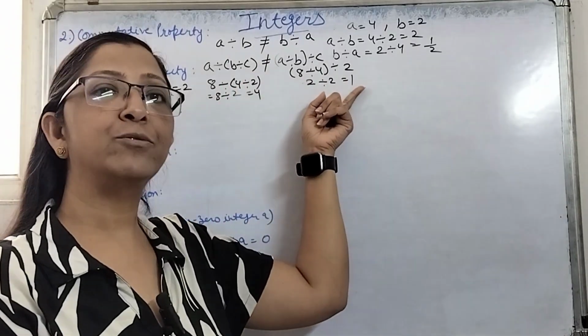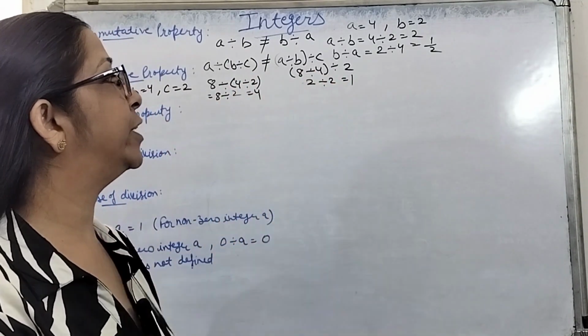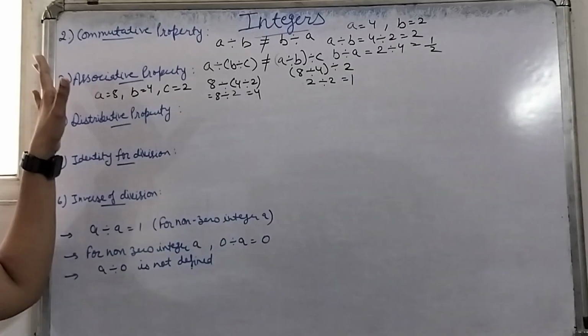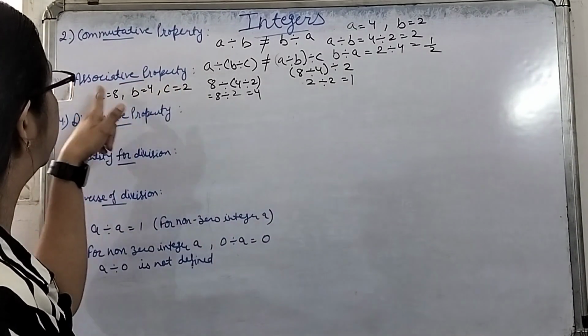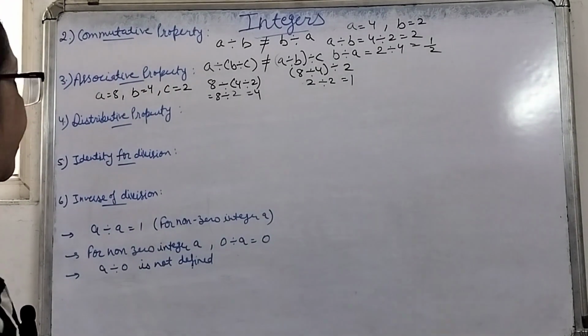The LHS part is not equivalent to the RHS part, so division of integers does not satisfy the associative property.